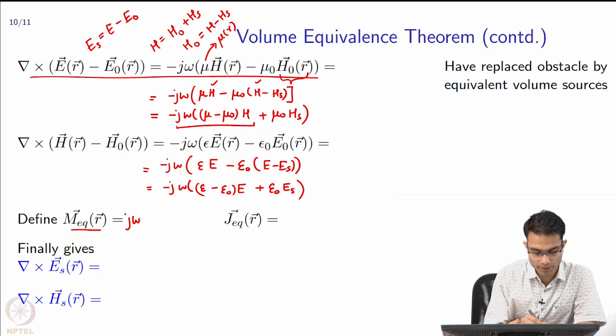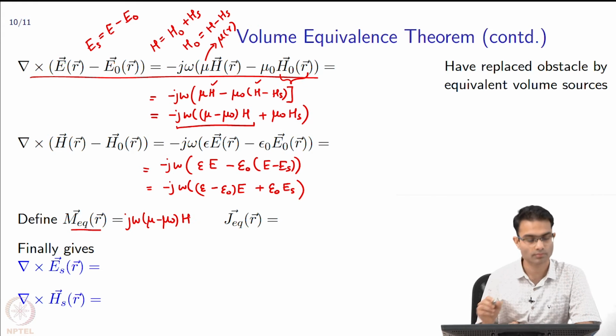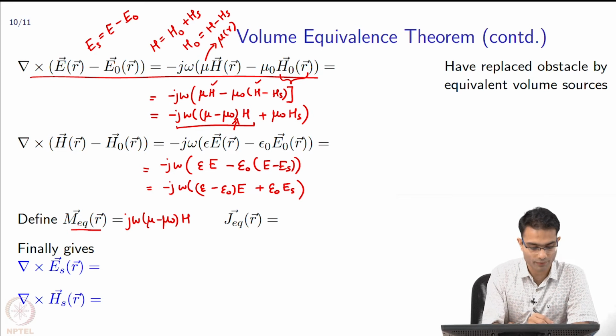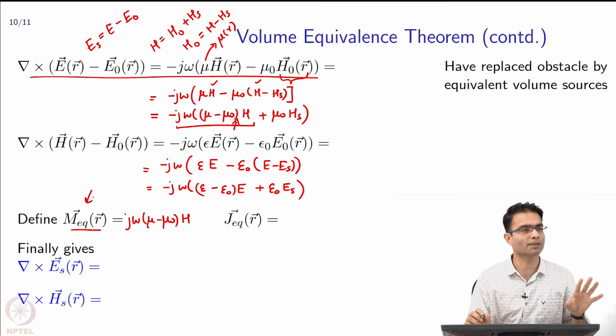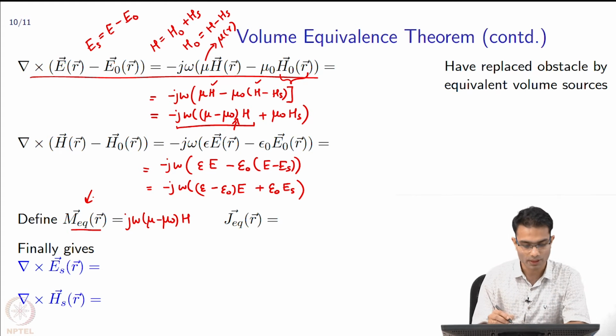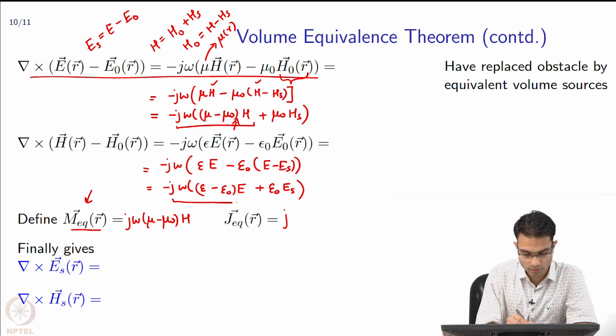Simply j omega mu minus mu naught times H. So, this term over here I have put into M equivalent. I have not solved any problem, I am just rewriting these terms. Similarly, the J equivalent term over here will be written as, so this term over here.